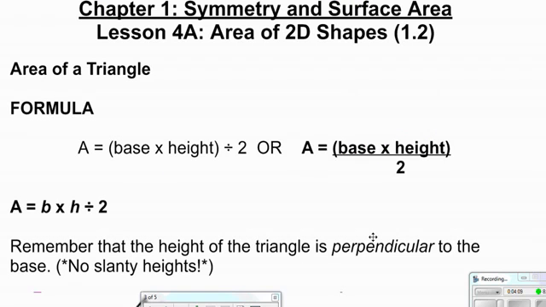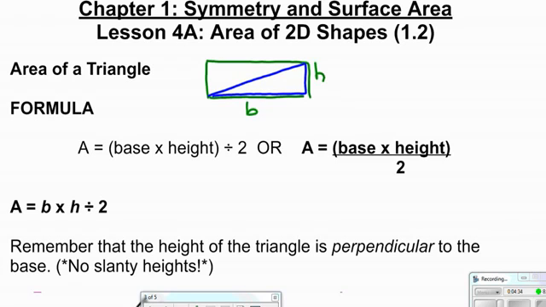And then we moved from rectangles and squares and we started looking at triangles. We said, if you start with a rectangle, to find the area of that rectangle, you're going to go base times height, or length times width. And we said, actually, a triangle is half of a rectangle, right?